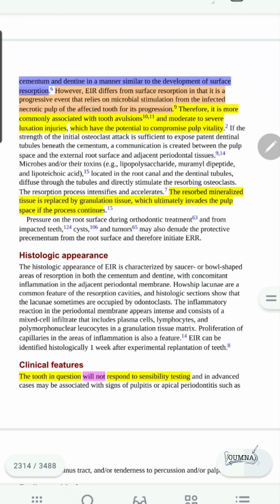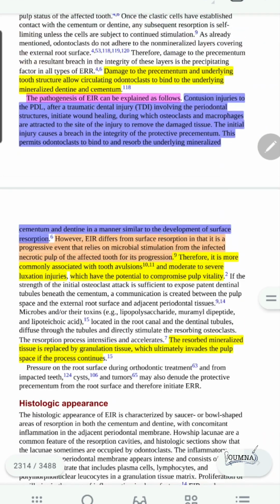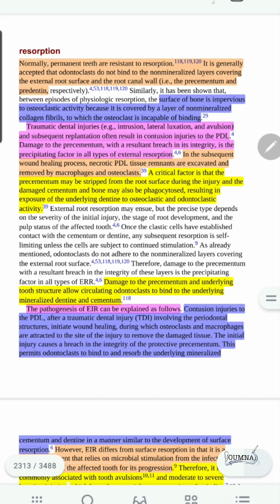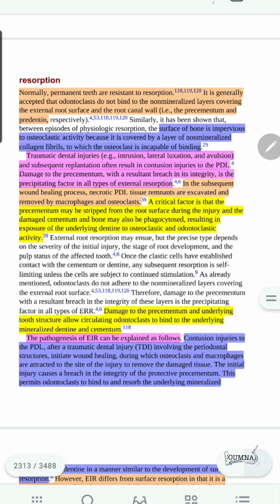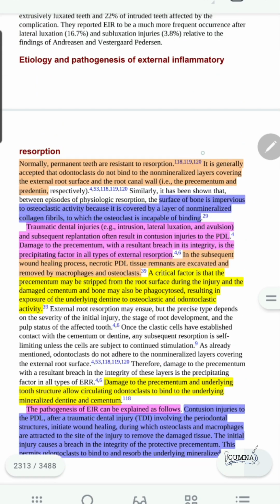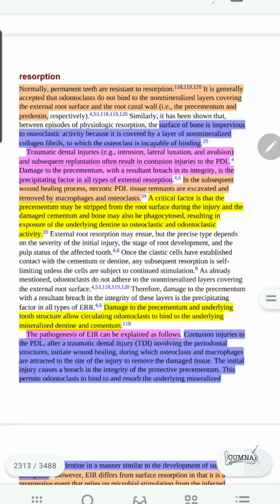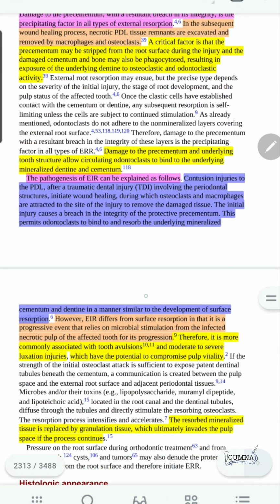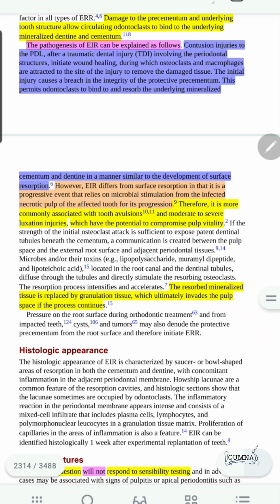The EIR relies on the microbial stimulation from the infected necrotic pulp of the affected tooth for its progression, which means that when this accident happened, the avulsion and the luxation, they cause a necrotic pulp and an asymptomatic tooth.